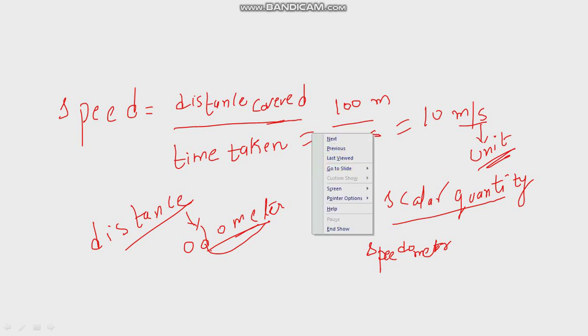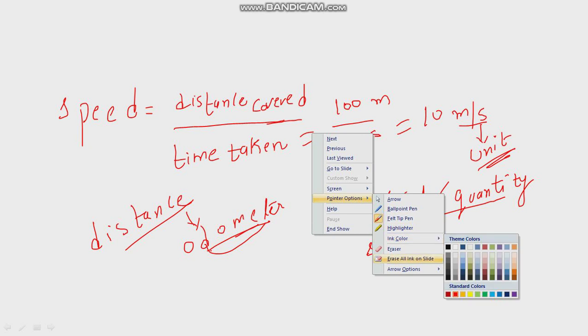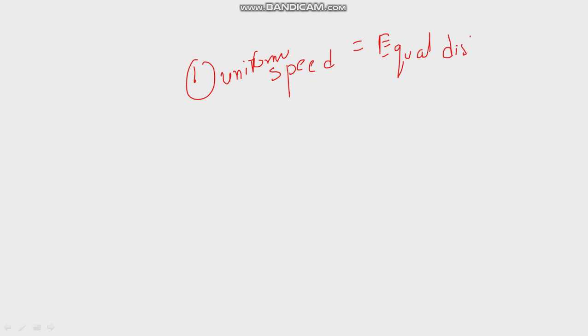Let's look at some other concepts. The first thing, uniform speed. Uniform speed means equal distance covered in equal intervals of time.